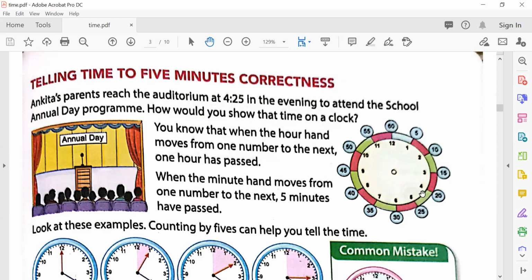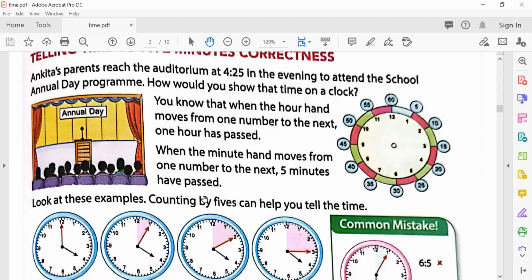You know that when the hour hand moves from one number to the next, 1 hour has passed. When the minute hand moves from one number to the next, 5 minutes have passed. Look at this example. Counting by 5 can help you tell the time. So how will you show 4:25?